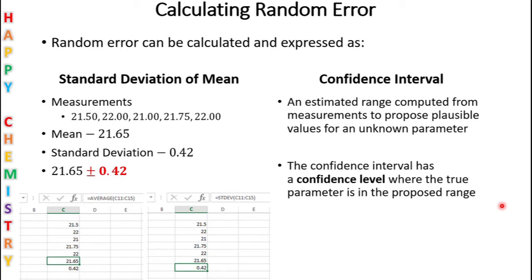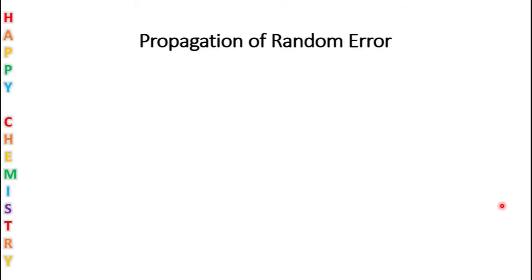In most experiments, the arithmetic operations are performed on the numbers obtained from the measurements, which have random errors. Some of them are positive and some of them are negative. Therefore, a simple sum of individual errors will not be the uncertainty of the resultant.